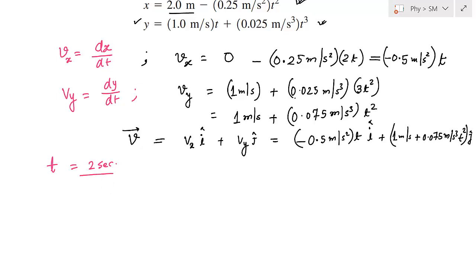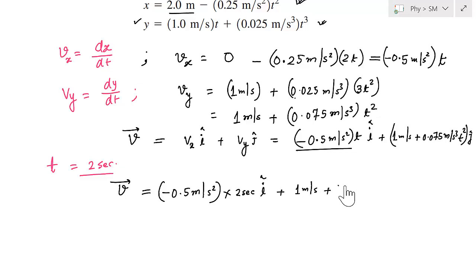Here I will have minus 0.5 meter per second square and time will be 2 seconds, multiplied by i cap, plus 1 meter per second plus 0.075 meter per second cube and time is 2 seconds, so 2 seconds square, and this is multiplied by j cap.